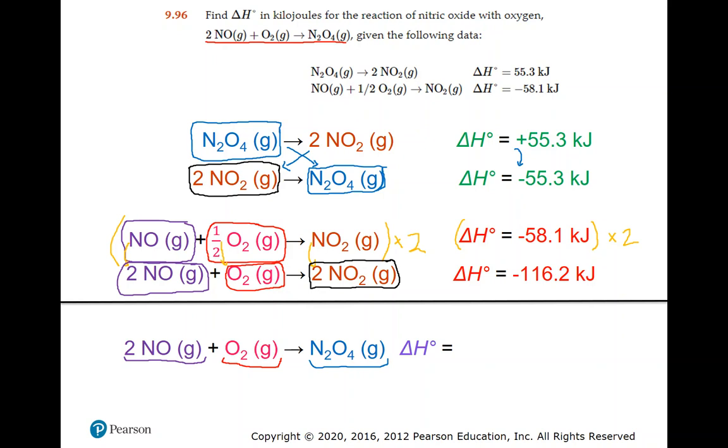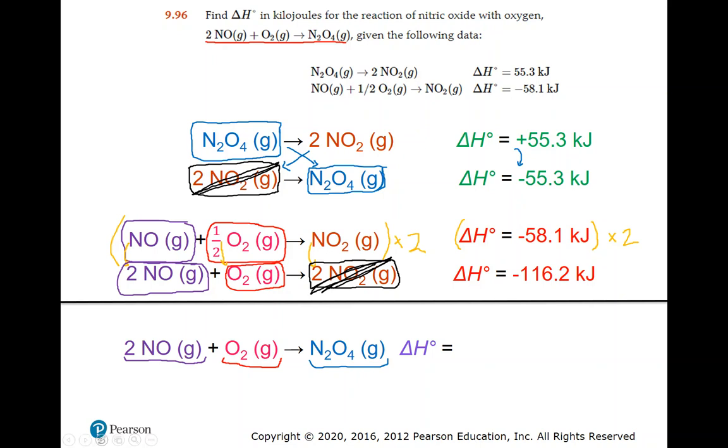And so if we add our modified equations 1 and 2 together, kind of like a spectator ion, if you think back a few chapters, those two things are going to cancel because they're present in the exact same state, in the exact same amount on both sides of the equation. And so both of those things just cancel out like a variable that shows up on both sides of an equation. And so we only end up with our reactants and products in our final equation.